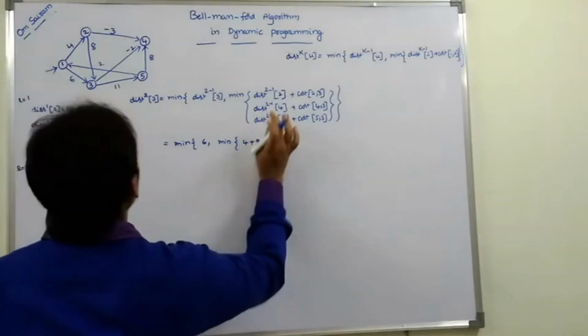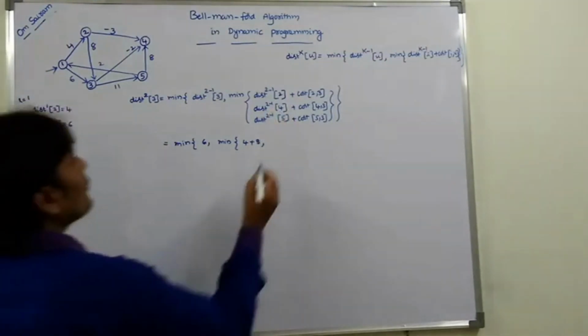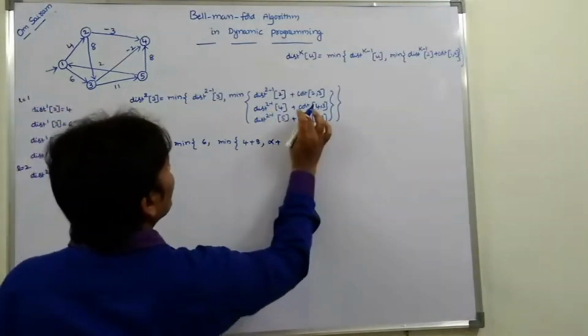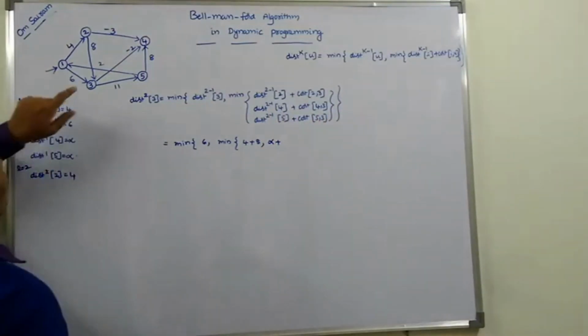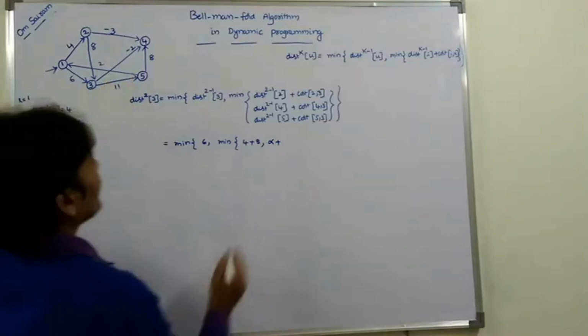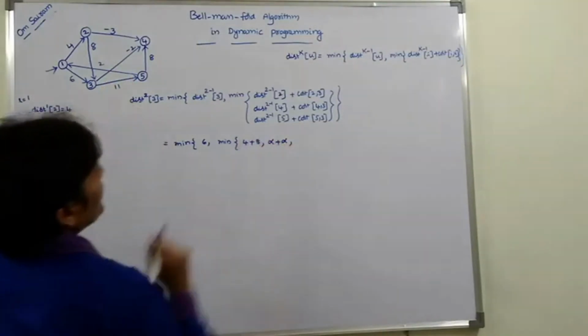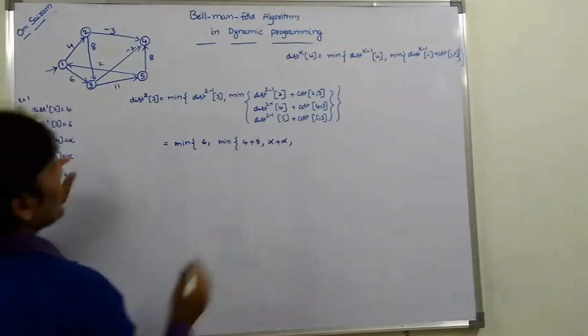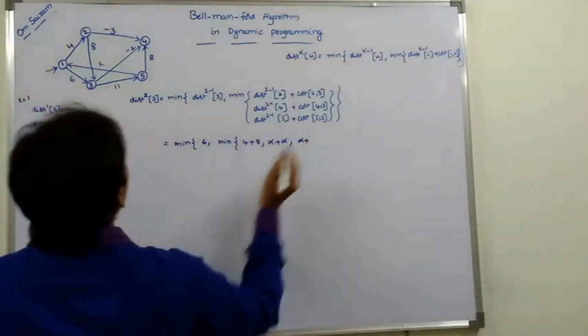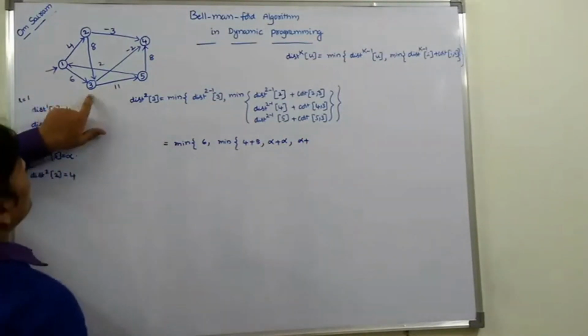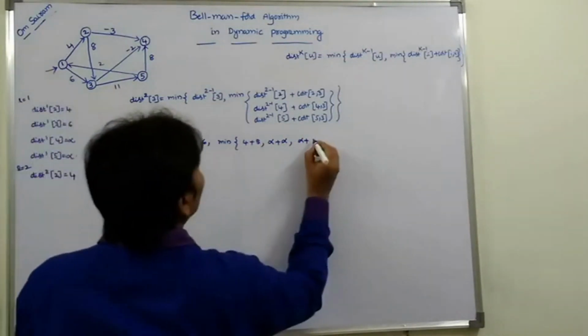Comma dist1 of 4. dist1 of 4 is infinity plus cost of 4 comma 3. 4 comma 3 is infinity. dist1 of 5, that is infinity plus cost of 5 comma 3. 5 comma 3 is also infinity.